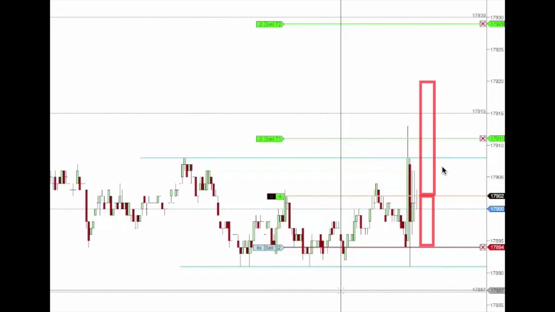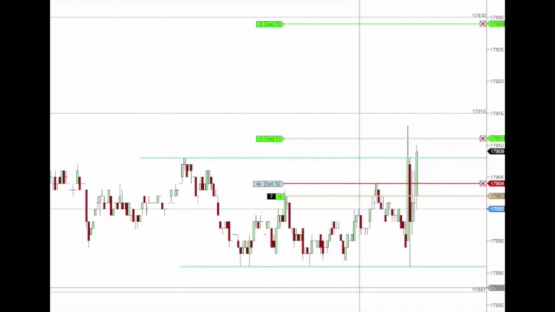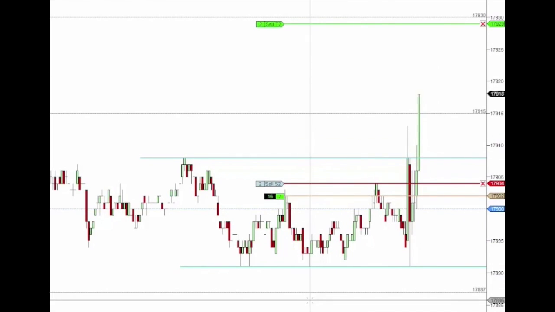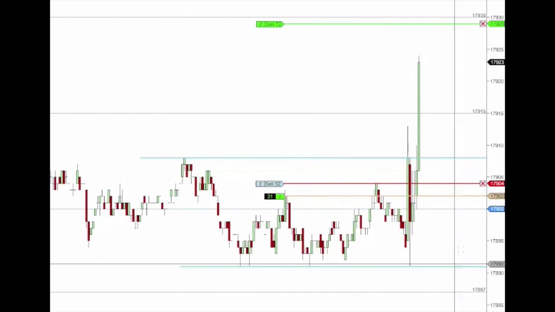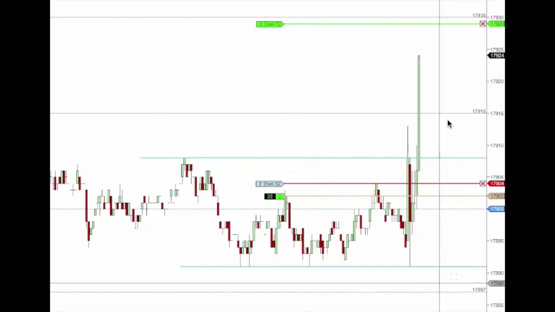That's all fine, but as the trade progresses, the first target's taken out, and now the market's pushing up greatly. Let's just take it to this point here. Now, what's my risk and reward on this trade? Well, I no longer have a 2-to-1.